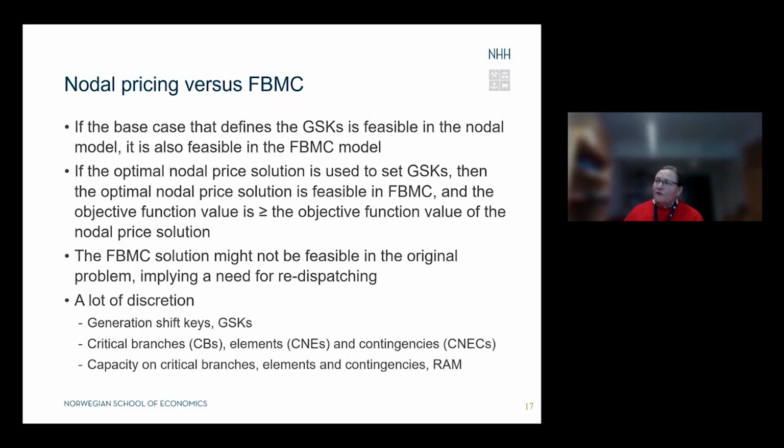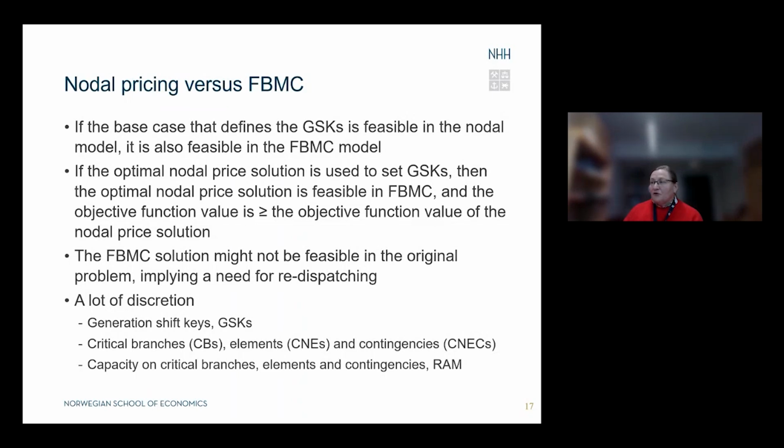If we are looking at the characteristics of the FBMC, we can see that if this base case is feasible in the nodal model, it's also feasible in the FBMC model. If we're using the nodal pricing solution to set these GSKs, then it will be feasible. The optimal nodal price solution is feasible in the FBMC.